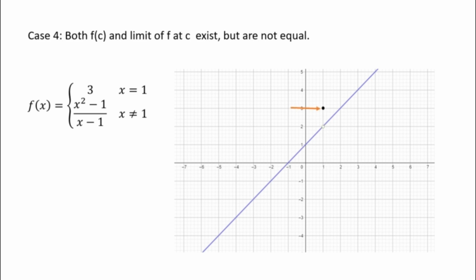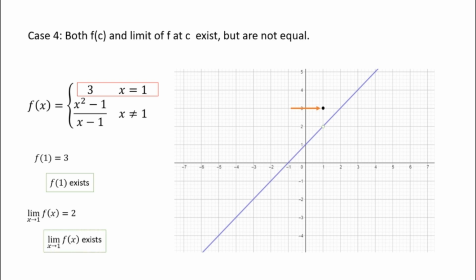On the other hand, we can see from the graph that the limit of this function at x equals 1 is 2, right? Hence, the limit of f at 1 exists. So these two exist. The function is defined at c. The limit exists at c, but they are not equal. All right.